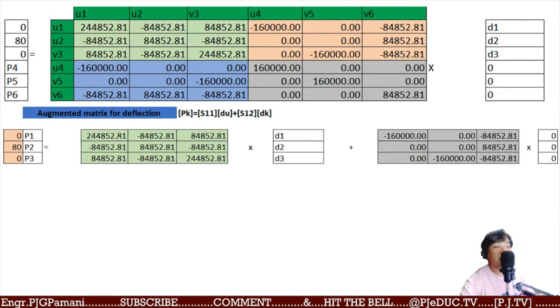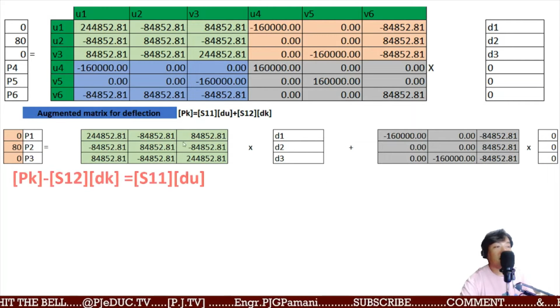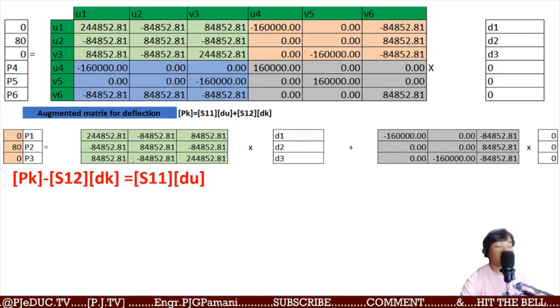Multiply the 3 by 3 matrix with the 3 by 1 matrix, which gives us a 3 by 1 matrix. So how do we do that? This becomes 0, multiply it there, so cancel it. What remains is a value equal to this value times this. So basically, it becomes an inverse.